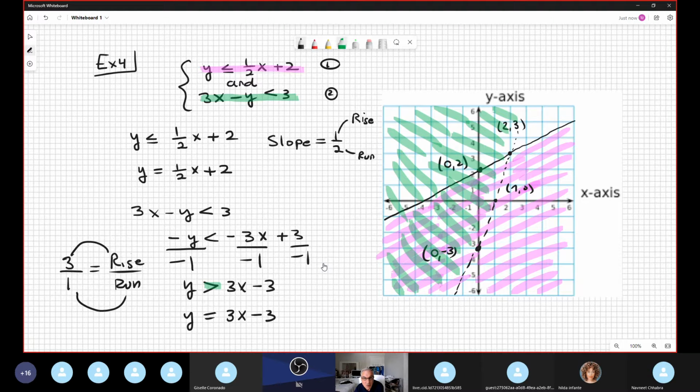Let me use another color, maybe gray. It's obviously this part. So any point that satisfies this condition is graphically a solution of the system.